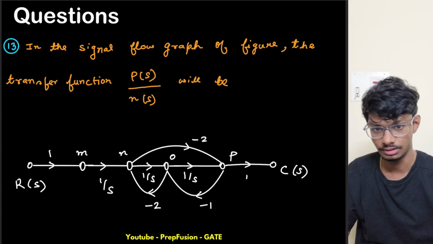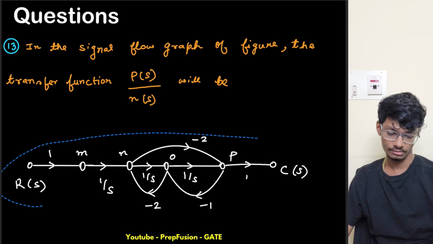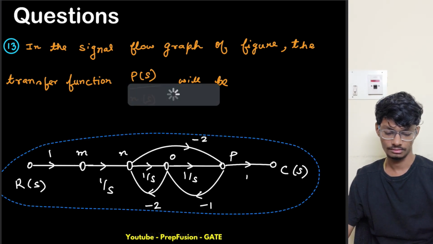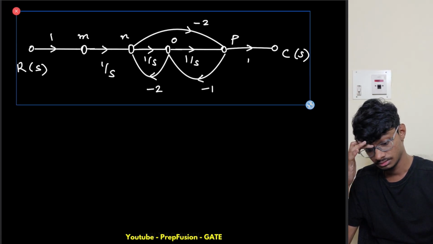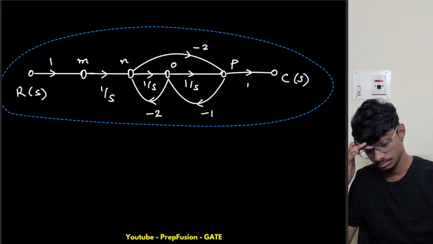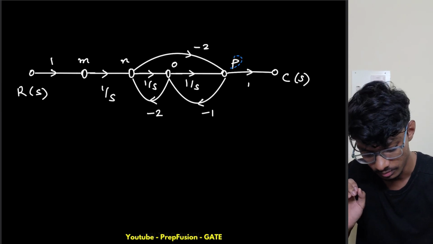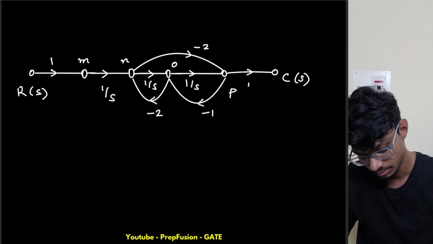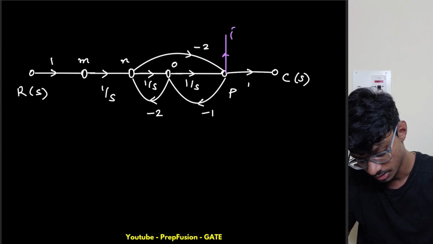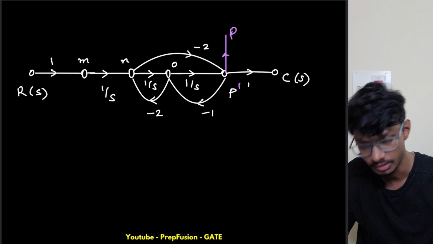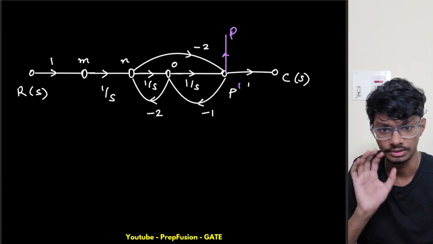Let me first copy this. So for P, what I will do, I will take one output from here. Take one output from here. So this I will name as P dash, and this I will name as P. So this is output, that is fine.